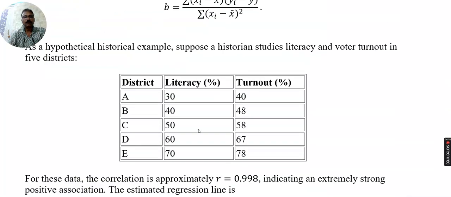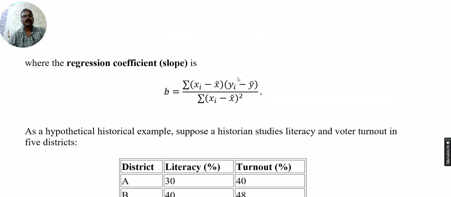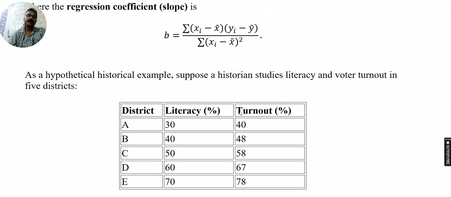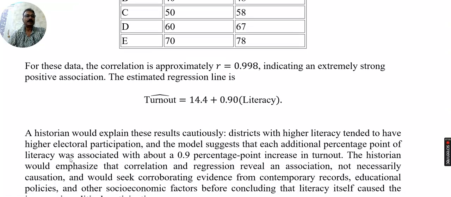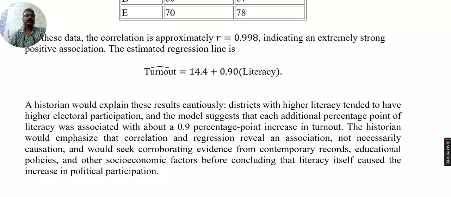So we need to take the data from our reports or documents, and apply this tool to calculate the correlation coefficient as well as the regression coefficient. Now, how can a historian explain? A historian would explain these results cautiously.